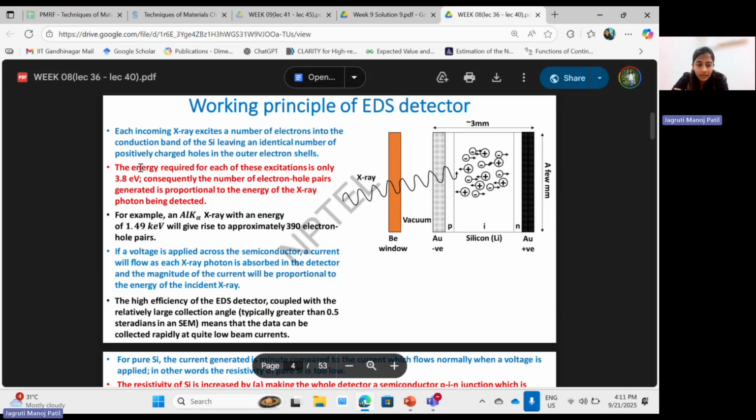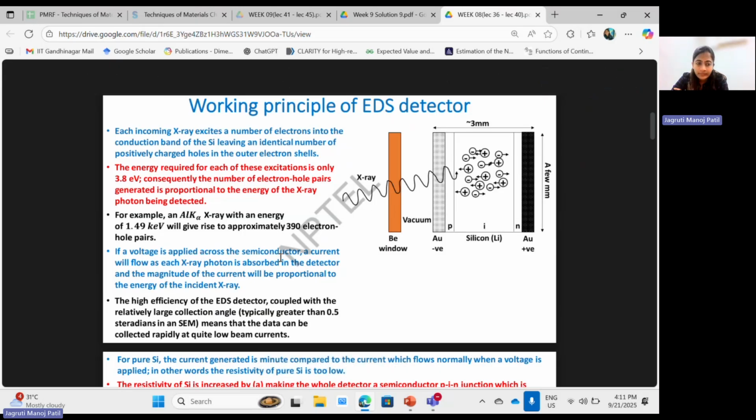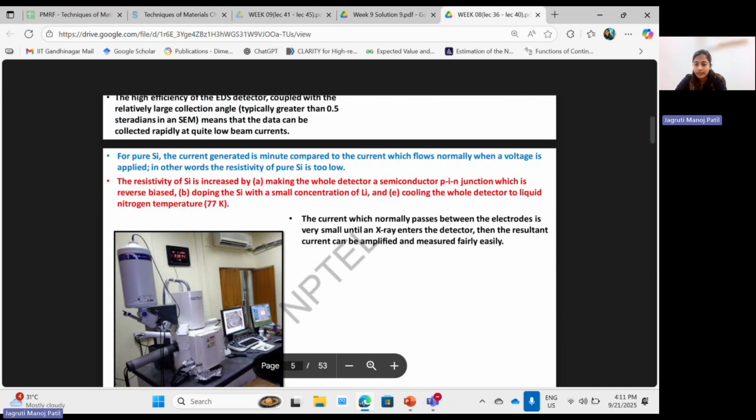And if a voltage is applied across a semiconductor, a current will flow as each X-ray photon is absorbed in the detector, and the magnitude is proportional to the incident X-ray energy. So from where will we get the number of electrons? Current is not a property of a single electron.